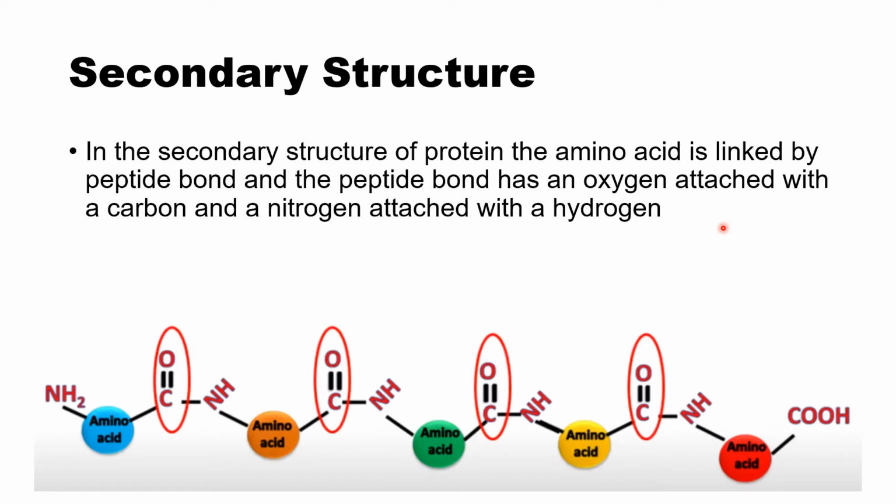And then, we go to the secondary structure na tinatawag. In the secondary structure of protein, the amino acids are linked by peptide bonds. And the peptide bond has an oxygen attached to a carbon and a nitrogen attached to a hydrogen. So, yun yung peptide bond.